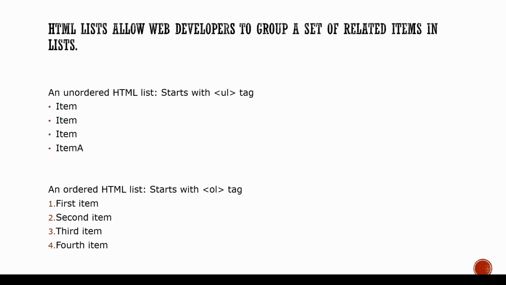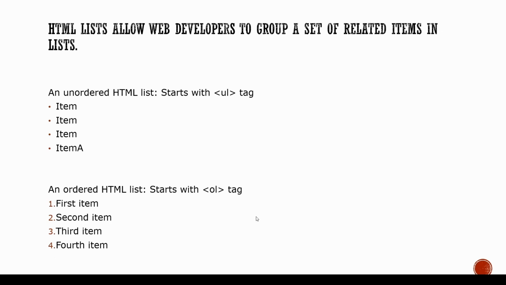Each list item starts with the li tag. The list items will be marked with a bullet by default, like this. An ordered list starts with OL tag, and each list item will start with li tag. The list item will be marked with numbers by default like this.